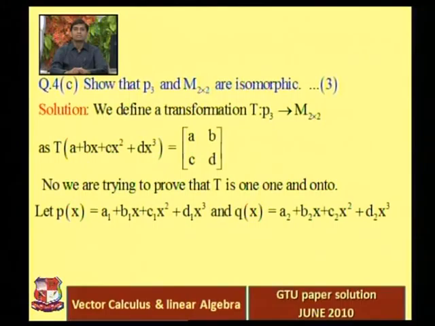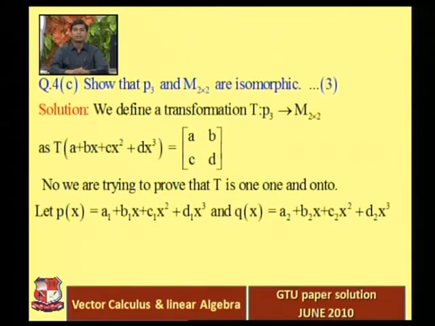And for onto, what do we have to do? For any v belonging to the codomain, here our codomain is the set of 2 cross 2 matrices, so for any 2 cross 2 matrix, there exists a polynomial u belonging to P3 such that T of u is equal to v.